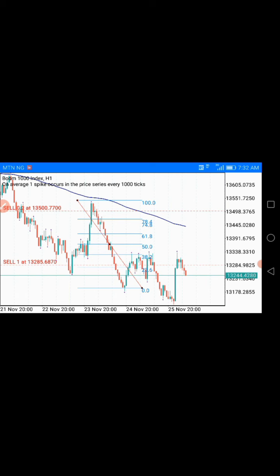If you are placing it on the wick of the candle, make sure that the low point is also on the wick of the candle. And if you are placing it on the body of the candle, make sure that the low point is also on the body of the candle.